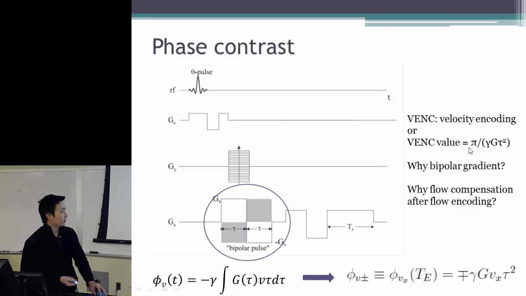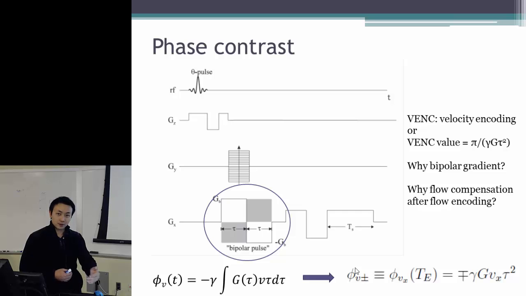So when we say a VENC value, it is determined by this relation, pi over gamma g tau square. It is coming from this equation, because we want to obtain a linear relation between the phase and velocity, and we know that when MRI scanners store the phase information, they only store it within a 2 pi interval.